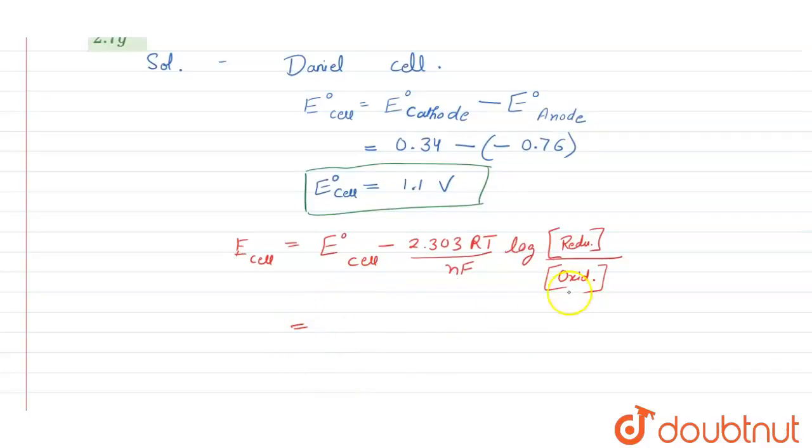Let's put the values in this formula of the Nernst equation. E0 of the cell we have calculated, that is 1.1, then minus 2.303 RT.